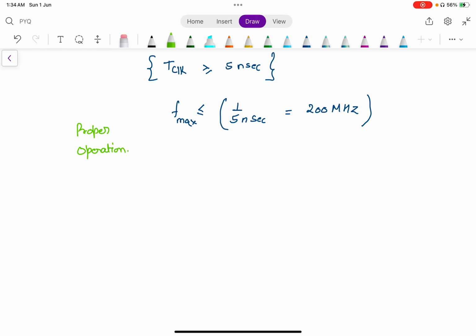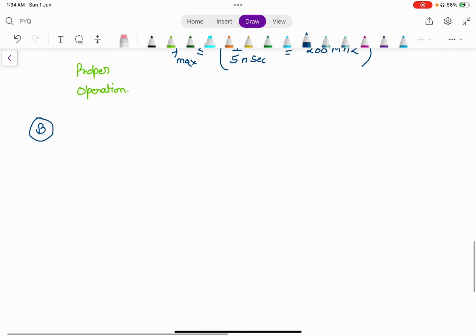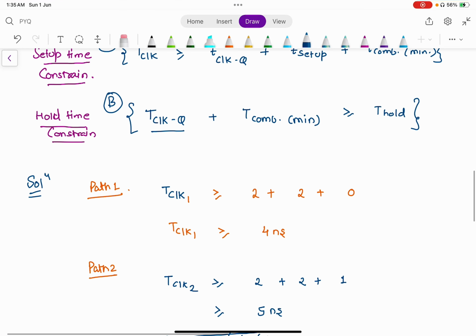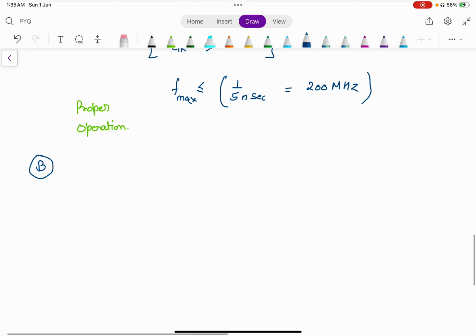Now the second part which I wanted to show you: if we write the numbers for equation number 2, which is clock to Q and combinational minimum and hold time. So the clock to Q time is 2 nanosecond plus combinational is 1 nanosecond, which should be greater than hold time. Hold time is already 0 nanosecond.